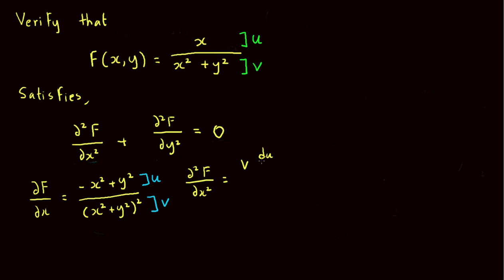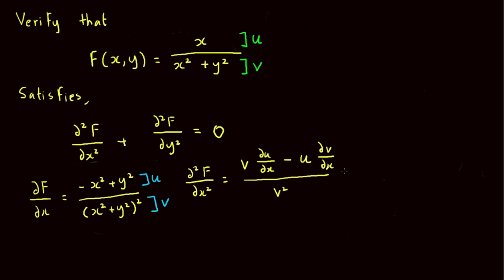So v del u del x minus u del v del x over v squared. Normally, it'd be preferable to write del u, by the way, because we have multivariable, but in my head, sometimes I end up writing du dx.